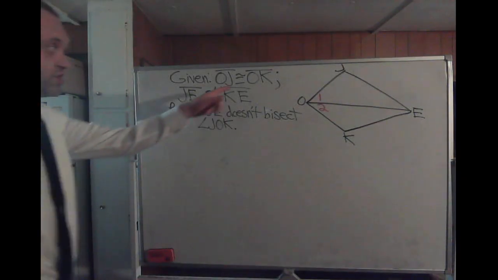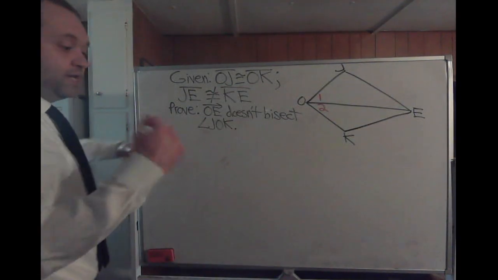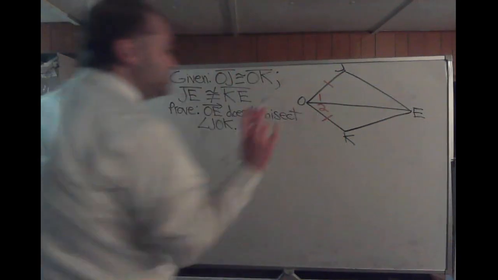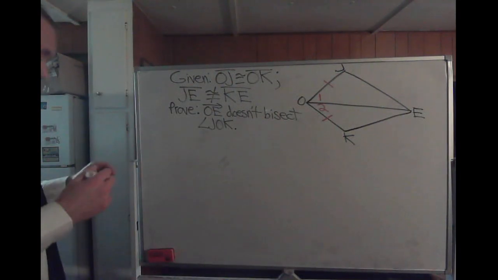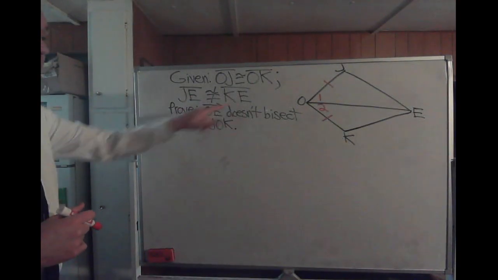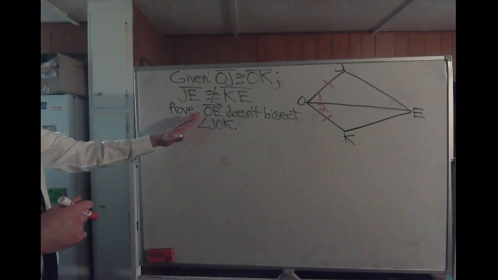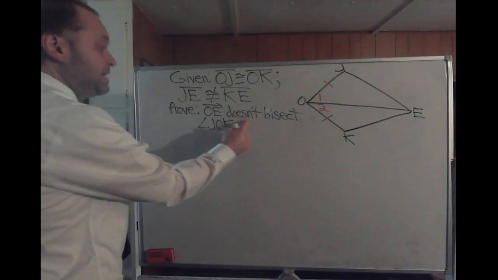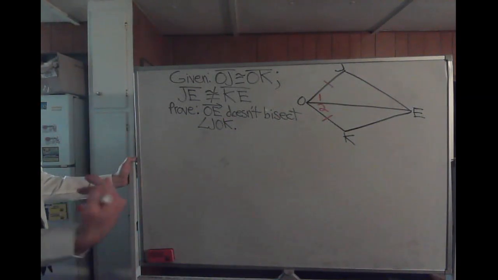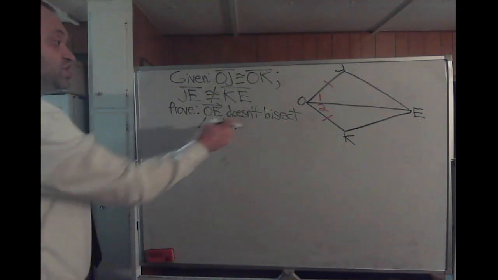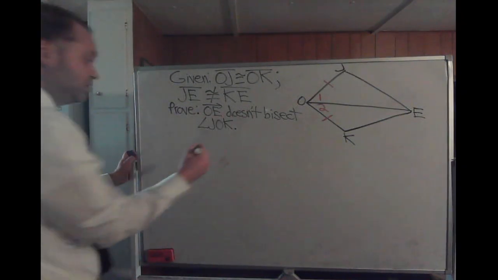So we're given to start with that OJ is congruent to OK. In fact, if you want to mark that on your diagram, I would encourage you to do so. We're given that JE is not congruent to KE. What we are seeking to prove by indirect proof is that ray OE doesn't bisect angle JOK. So, of course, like you would with any indirect proof, start by assuming the opposite of the conclusion.